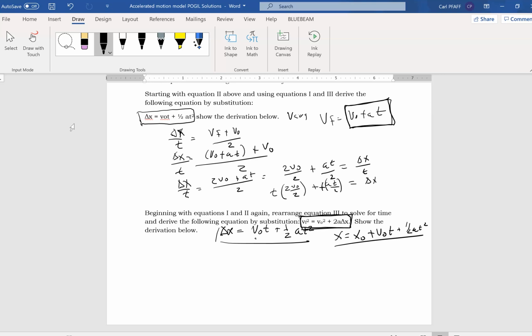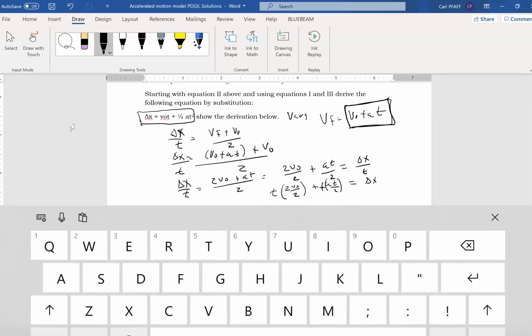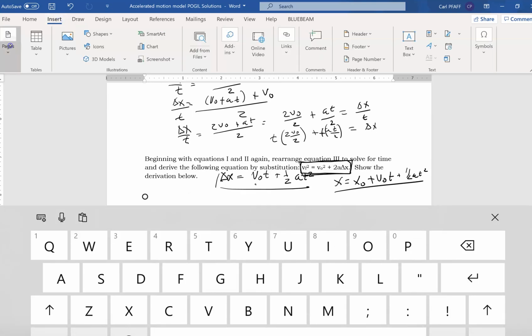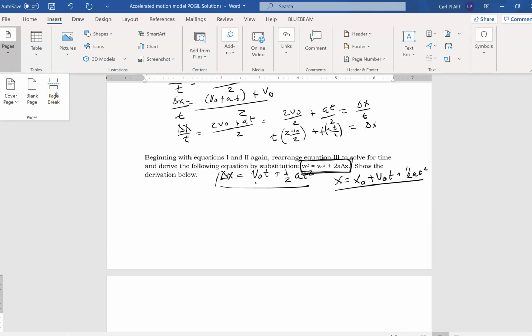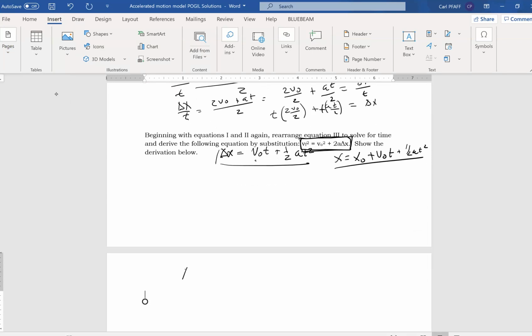So we should look at, again, delta X over T equals VF plus V naught all over 2, and we have VF equals V naught plus A times T. The equation we're looking for doesn't have T in it, so I'm going to have to solve this equation for time in terms of acceleration. So I get VF minus V naught all over A should equal time, and that's just a little algebra.